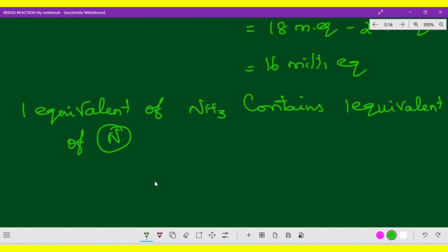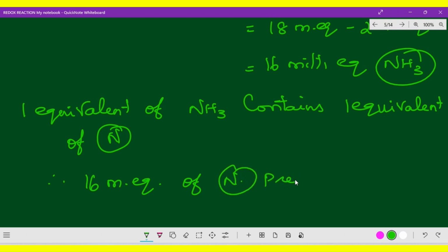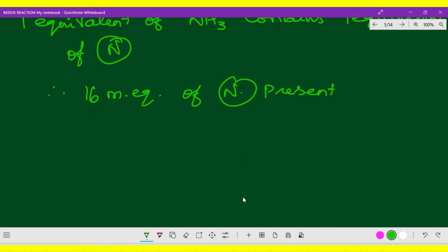Okay, therefore here 16 milli equivalent of ammonia is there. Ammonia only, this is right. So therefore 16 milli equivalent of nitrogen is present. So that means we have to identify the mass of nitrogen.